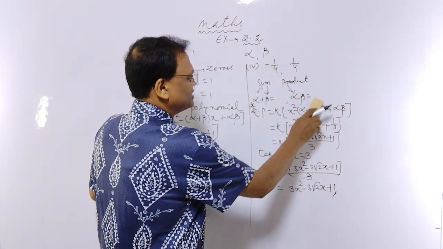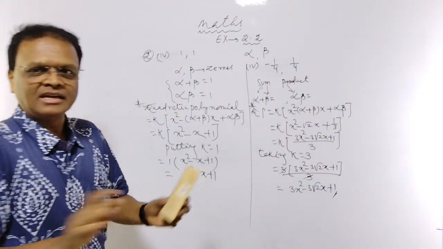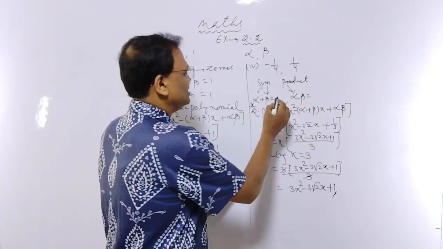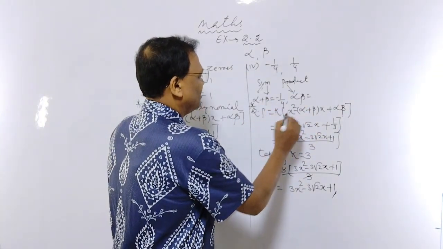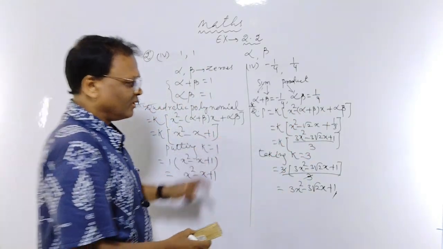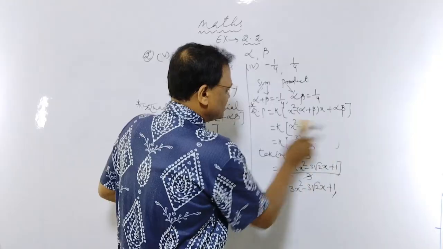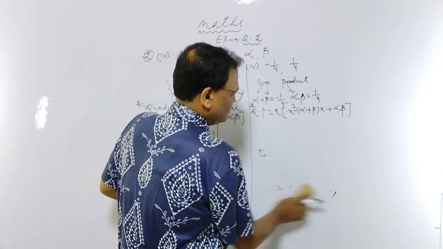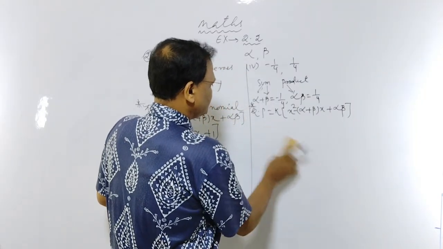I am only changing, because as I told you, the format is as it is. Alpha plus beta is equal to minus 1 by 4. Alpha into beta is equal to 1 by 4. That's all. The formula is as it is. Only substitute the values that are given now.